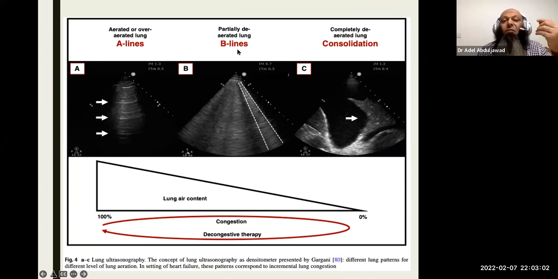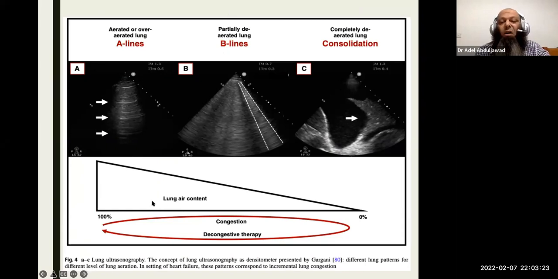When you have partial deaeration, you have longitudinal lines, which we call B lines, according to their number. So here is the evidence of pulmonary edema or lung congestion. When the lungs are completely deaerated, this is an area of consolidation.